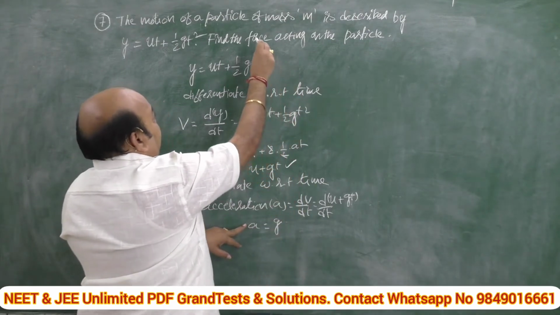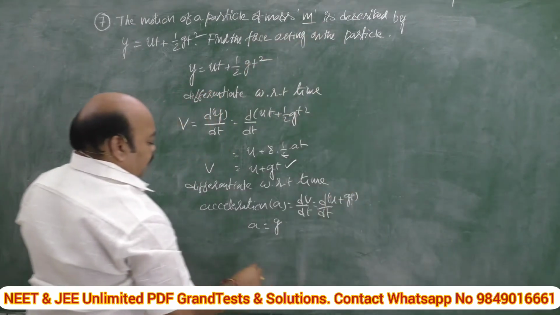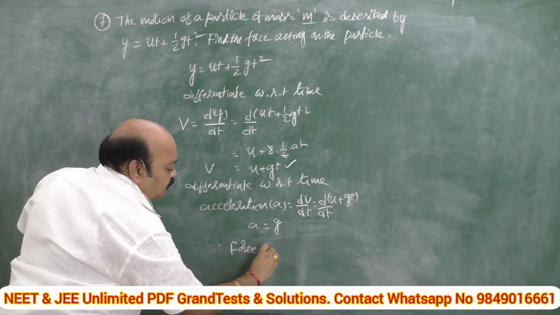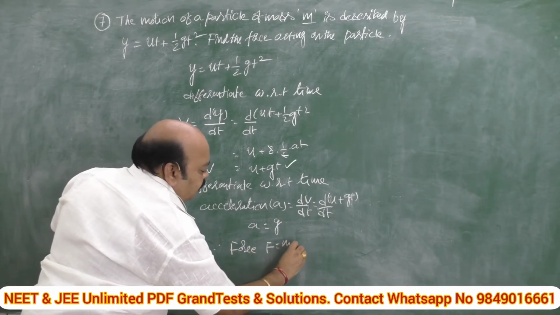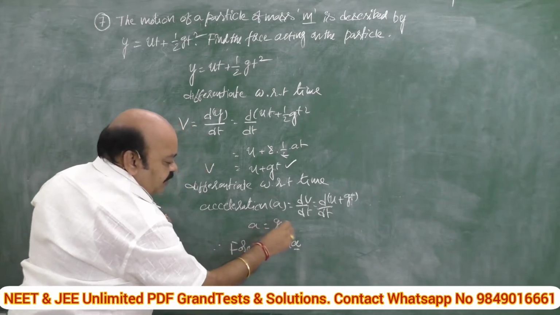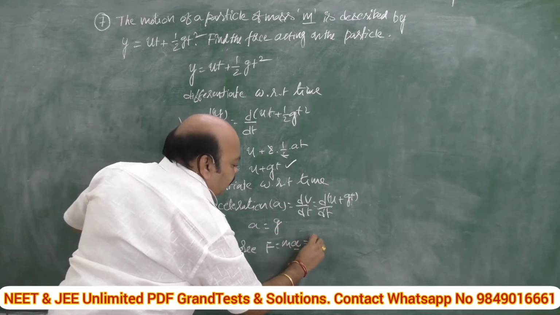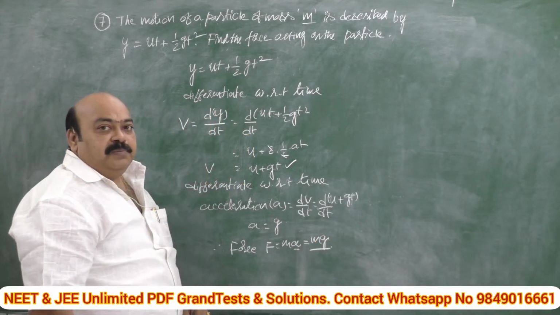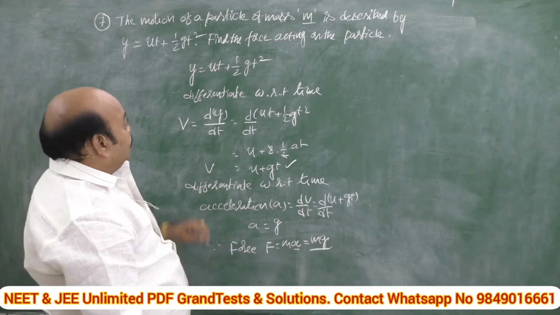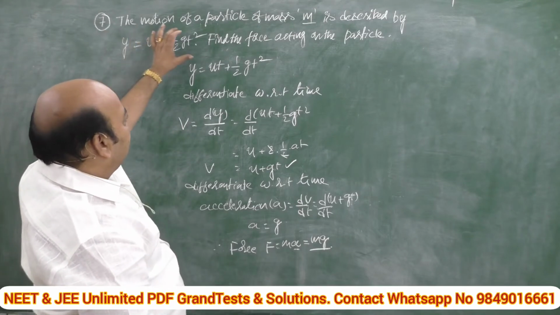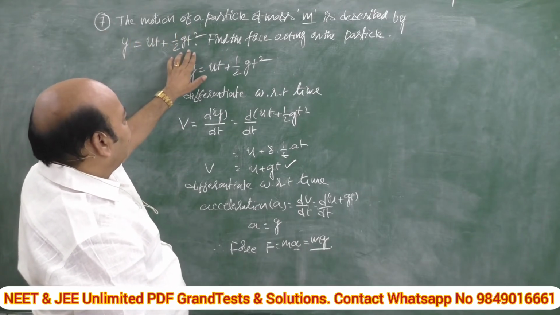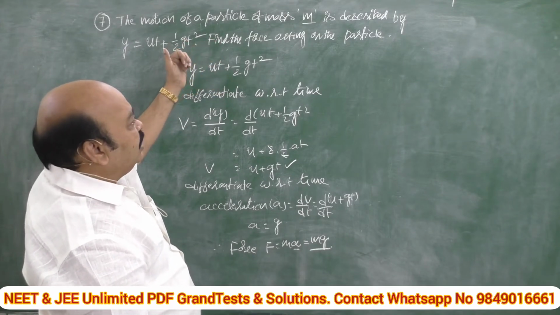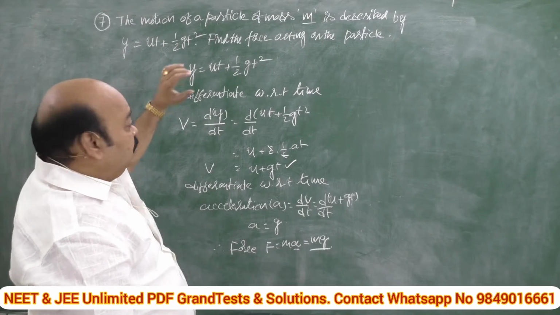The mass of the particle is given as m. That is why the final answer, force F, is nothing but ma. In the place of a, simply substitute its value. So, the final answer is mg. So, displacement of a particle is given as a function of time, and we are asked to calculate the force acting on the particle.